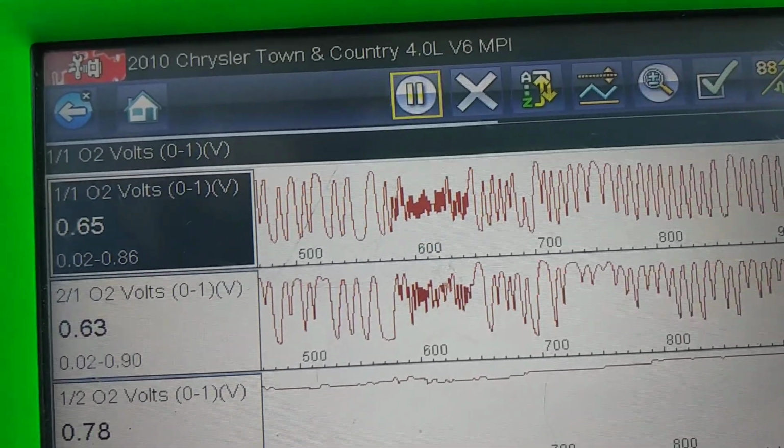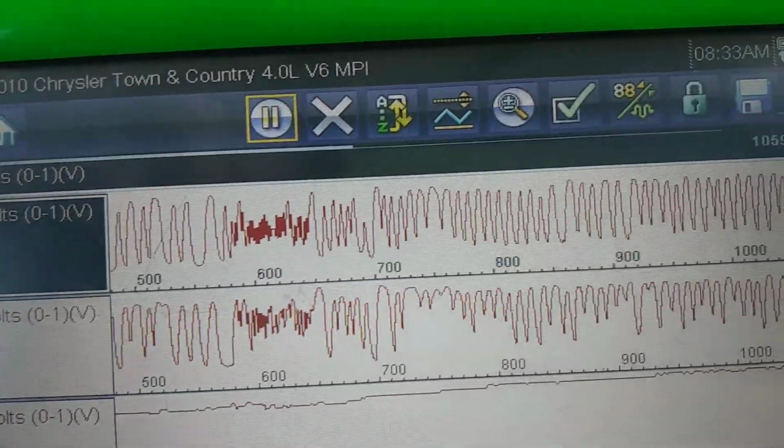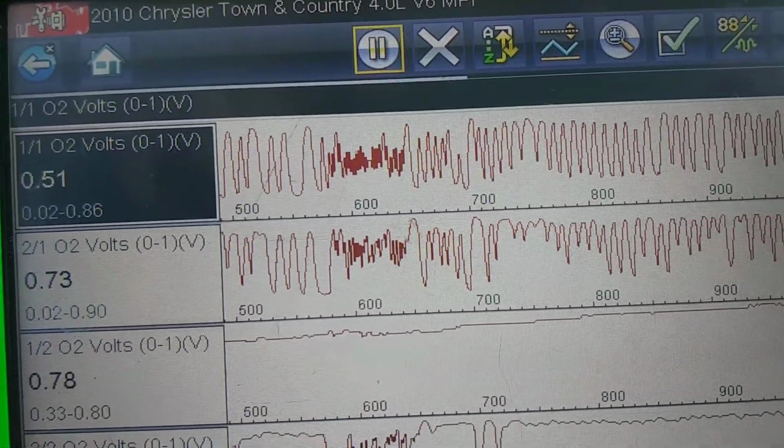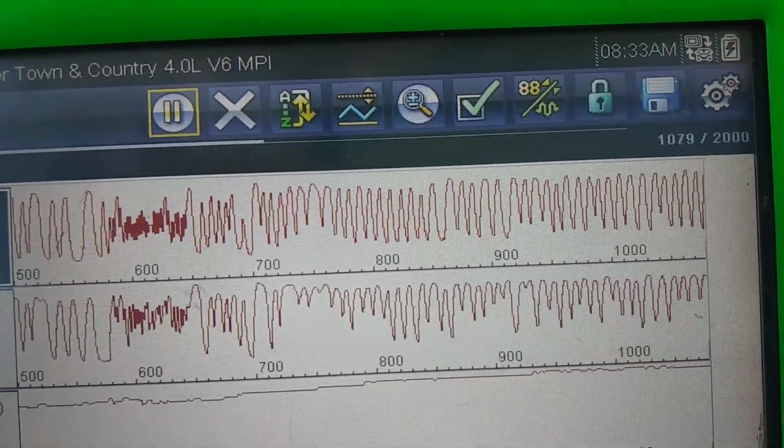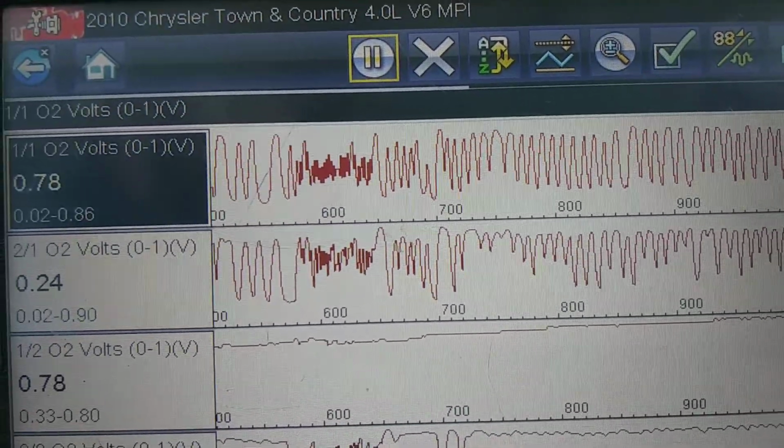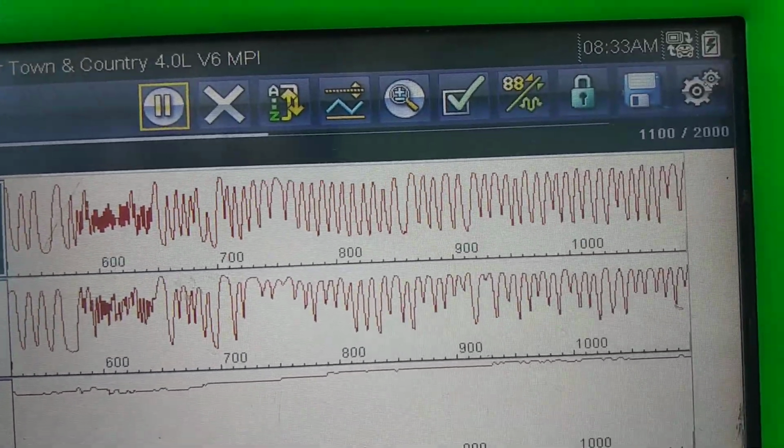So what you look for is when the exhaust is going into the catalytic converter, there is a lot of fluctuation in the O2 sensor monitoring voltage. This is because the computer is adjusting the air-fuel mixture by making it lean and rich.